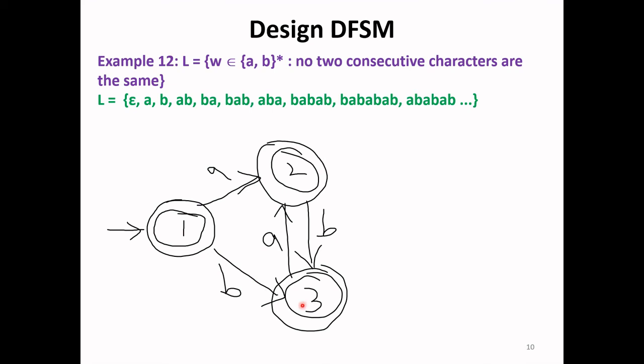So we need a dead state or a trap state here. State 4, which is a dead state.